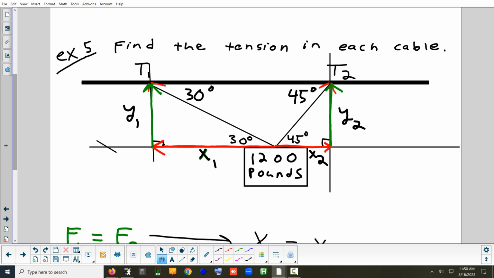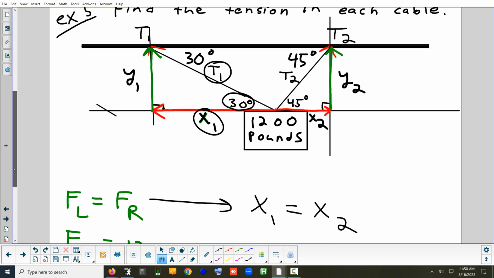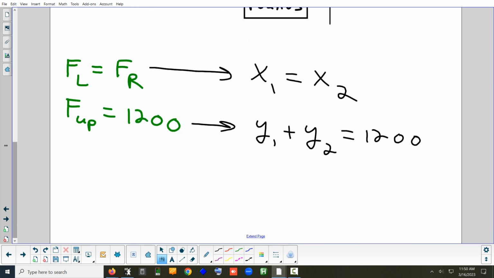Okay, so let's start with X1. I'm going to move my T1 label right here so you remember that's the hypotenuse. And I'm going to move my T2 label there so you remember that's the hypotenuse. Okay. What trig function could we use to get X1 that would involve this angle and the tension in cable 1? Cosine. So let's write that down.